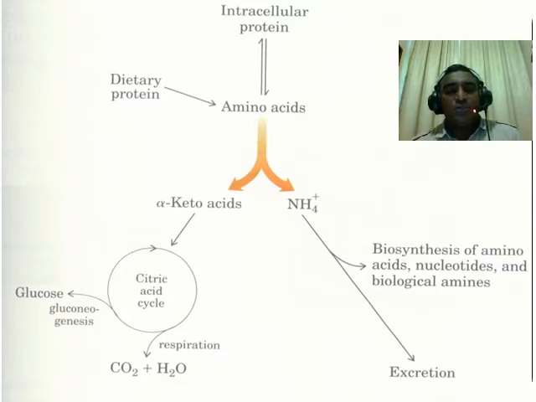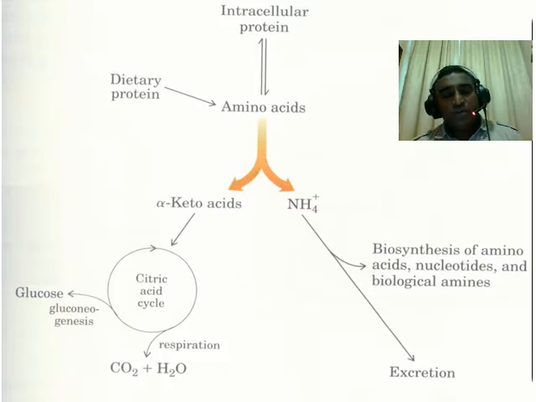The keto acids such as pyruvate, alpha ketoglutarate, and oxaloacetate will enter the citric acid cycle or be utilized in the formation of glucose through gluconeogenesis. So from amino acids, you can get glucose as well as energy.